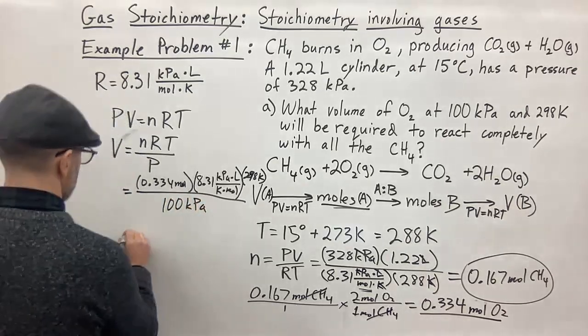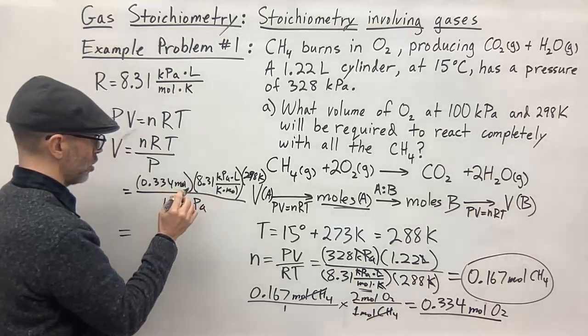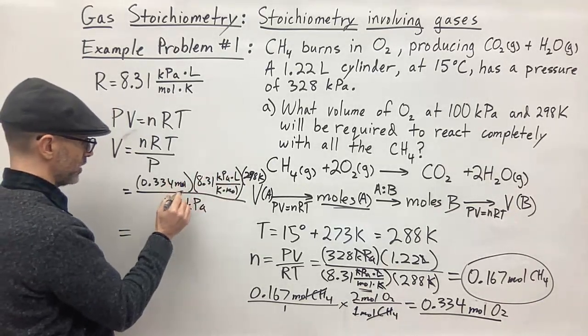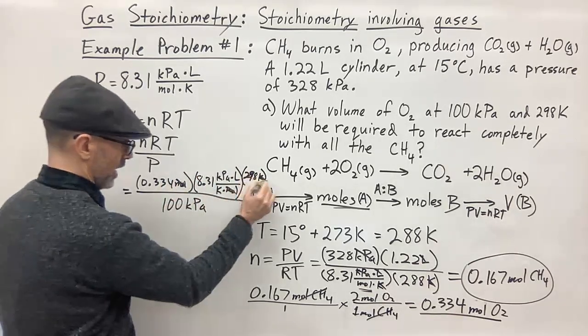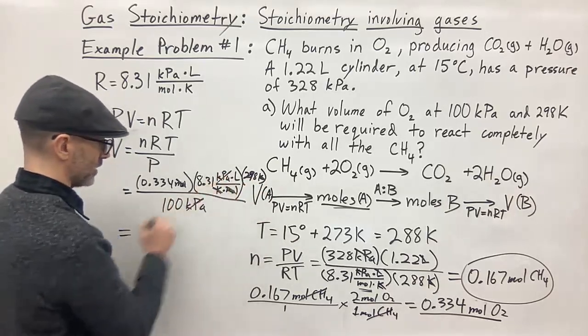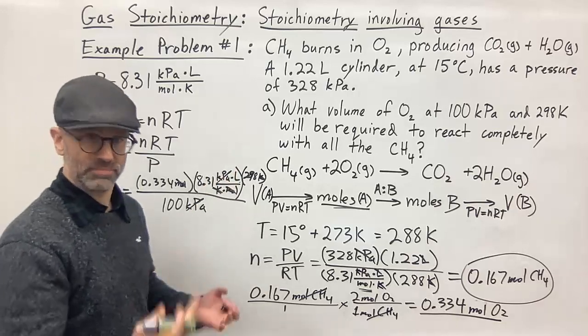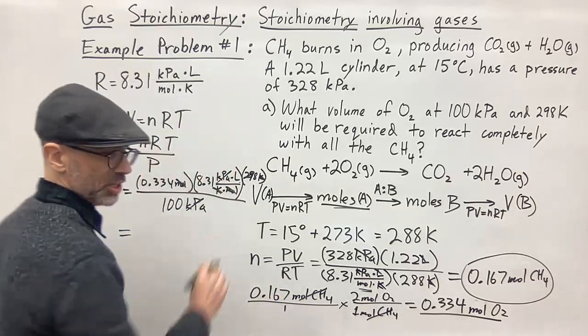And when I calculate this out, let's double check to make sure all the right units cancel out. So moles here, moles there cancel out. Kelvin cancels out. And kilopascal cancels out. I have liters left, so that's a volume unit. Awesome. And so now I can do my calculation.